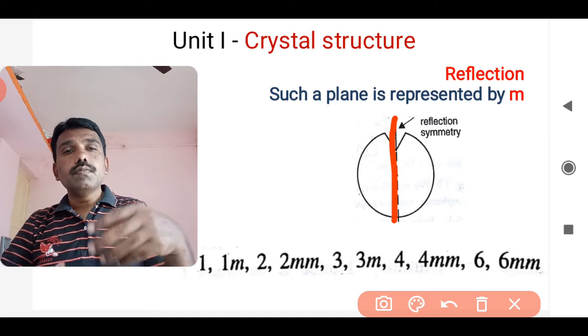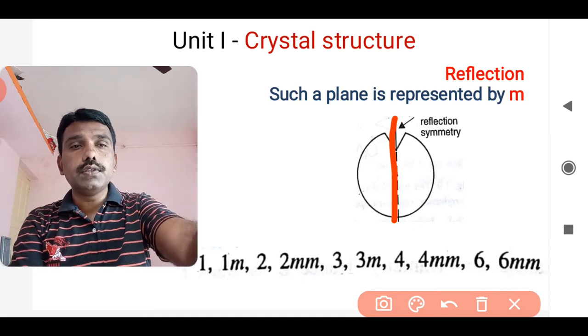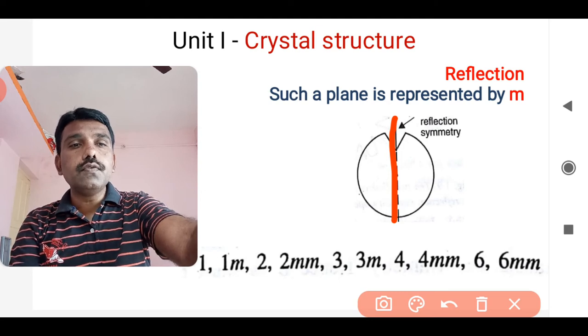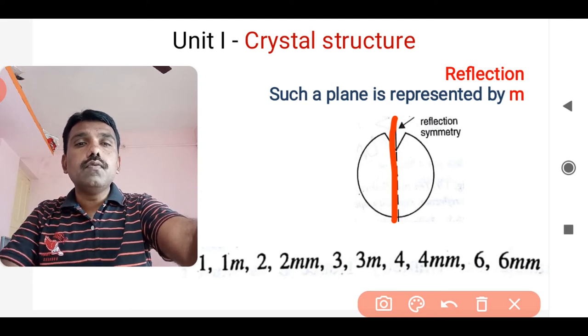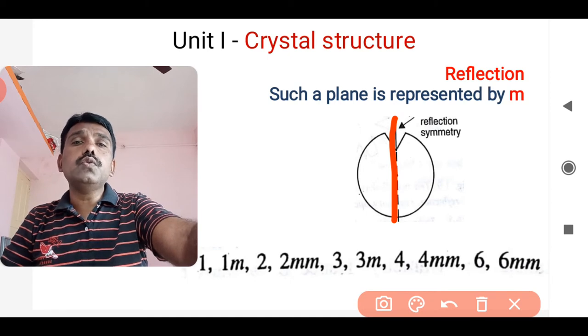We have seen that 10 point groups are possible in two dimensions. These are 1, 1m, 2mm, 3m, 4mm, 6mm.